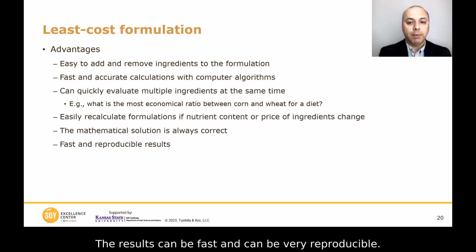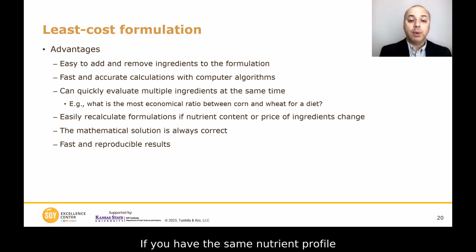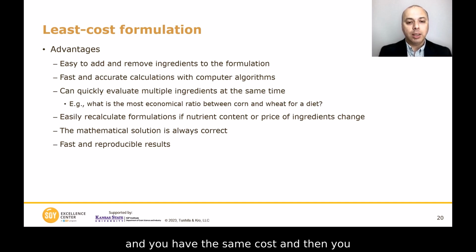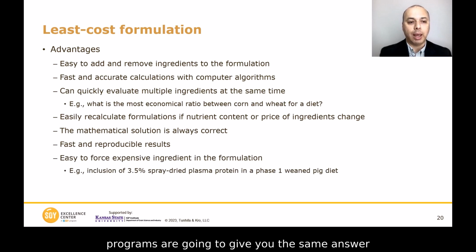The results can be fast and very reproducible. You can use different feed formulation programs. If you have the same nutrient profile, the same cost, and the same constraints, very likely those 2 or 3 or 4 different programs are going to give you the same answer, because that's just the way the math works out.